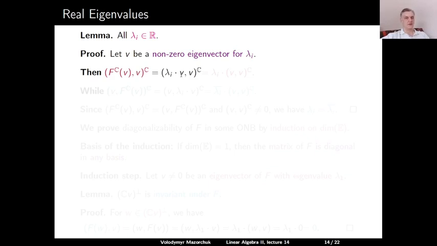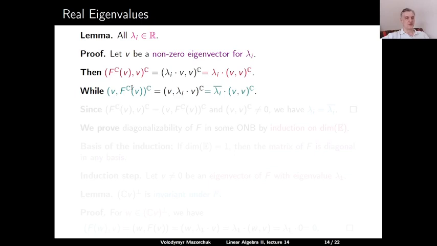From the left variable of the inner product, we can take lambda i out, just like it is, so it is equal to lambda i times the inner product between v and v. Next, let us compute the inner product between v and f of v. Again, this is the inner product between v and lambda i times v. But now it's in the second place, and from the second place we can take scalars only up to complex conjugate. So this is equal to lambda i complex conjugate times the inner product of v and v.